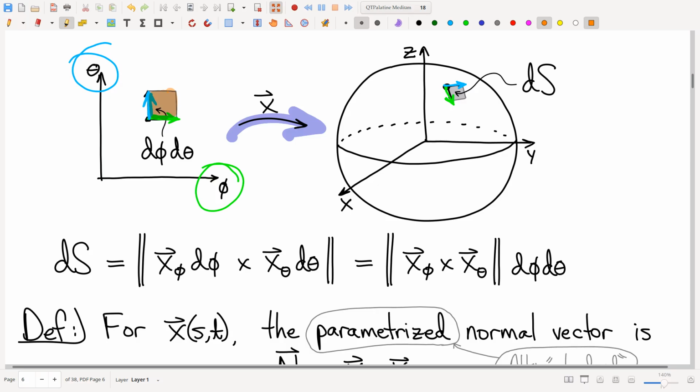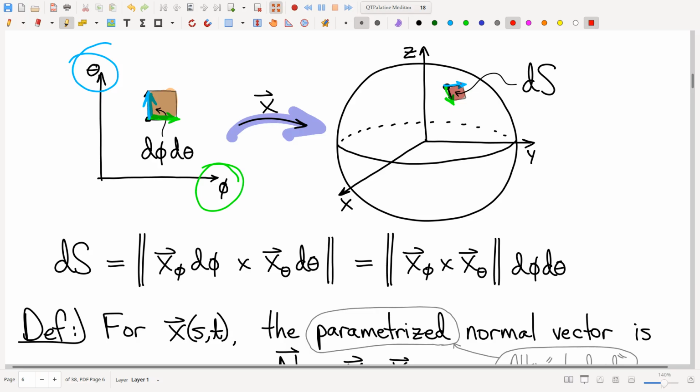And if I want to ask what is the resulting area, I'll use a different color. Okay, red. If I want to know what's the image area, what's the area of this little, basically, approximately parallelogram here on the surface?